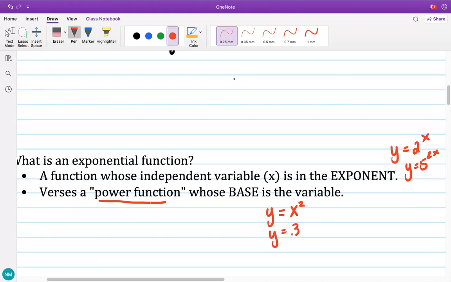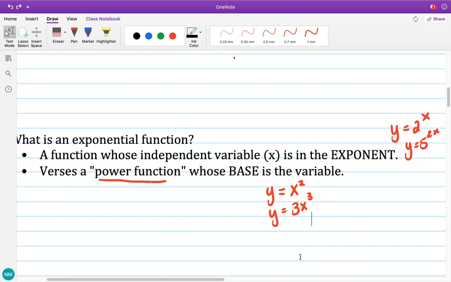Y equals 3x cubed. Coefficient, base, exponent, but this is a power function. It is not exponential because there is no variable inside of the exponent. So think exponential, exponent is in that word. The variable is in the exponent.